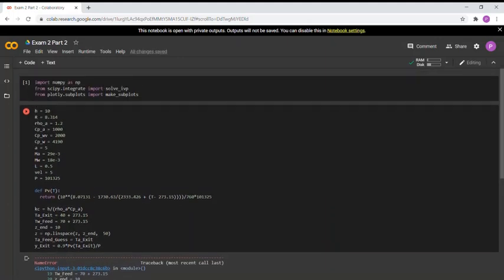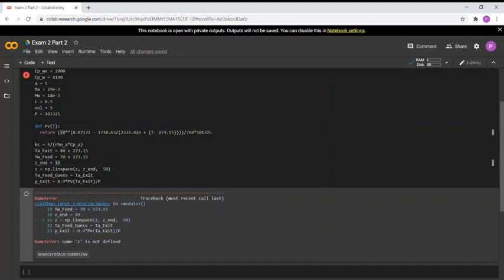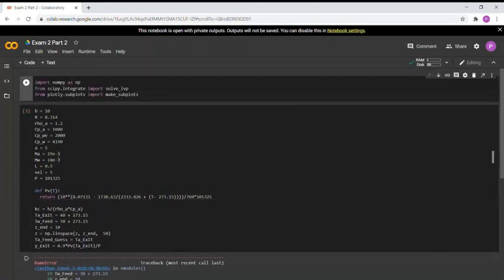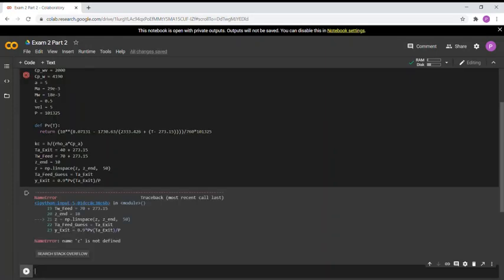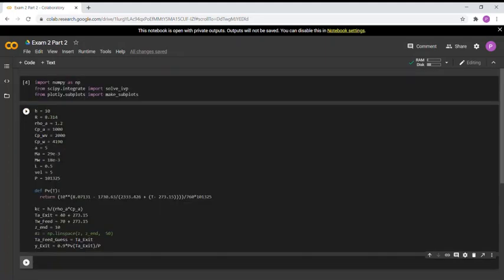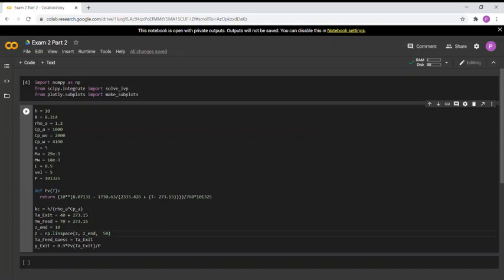Z is not defined. Wait, I thought, yeah, so it should, it works, but Z is it just in space of this?